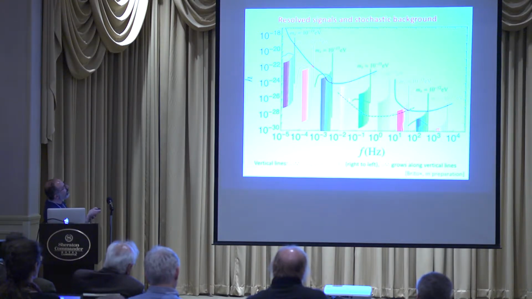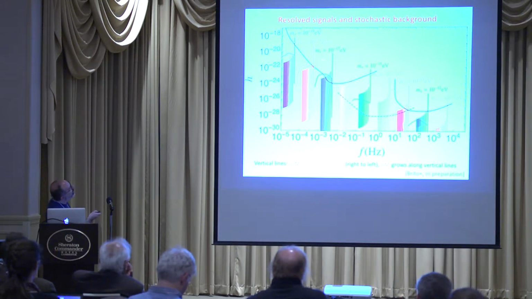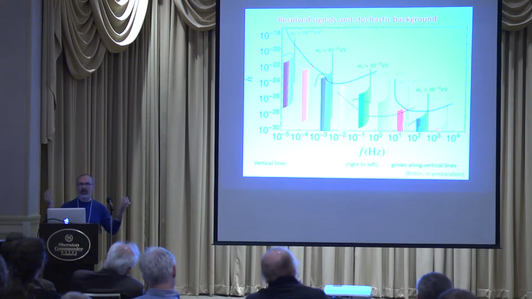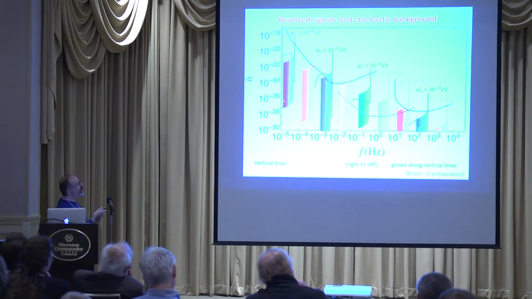And as you can see, the signal increases, and for some values of the axion mass or light boson mass, these signals become detectable. In fact, for some masses, the stochastic background from all the signals in the models that we have would be detectable itself and be a source of noise for the detectability of the resolvable signal.